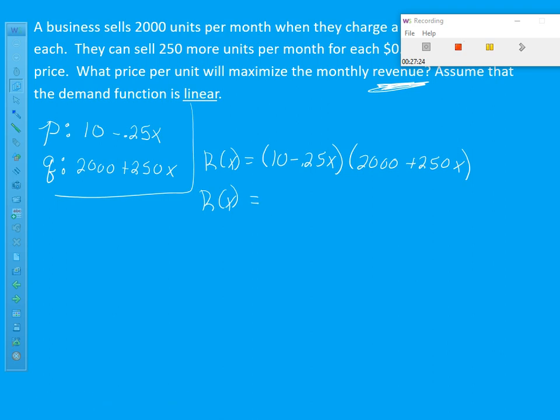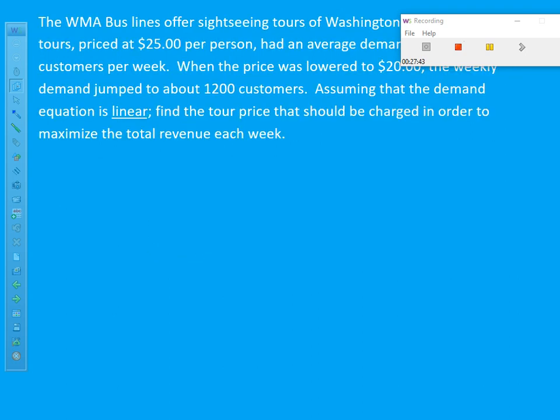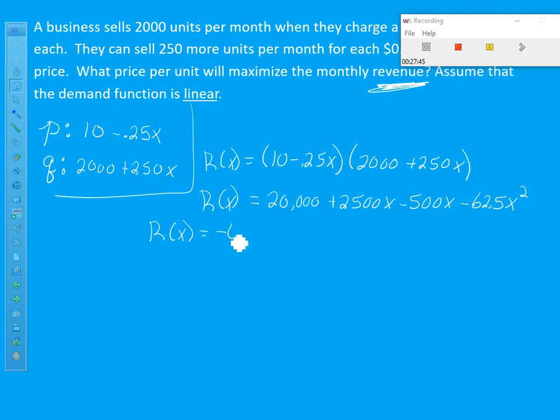If I FOIL this out, it looks like I'm going to get 20,000 plus 2,500x minus 500x minus 62.5x squared. Once I simplify this, I get negative 62.5x squared plus 2,000x plus 20,000.